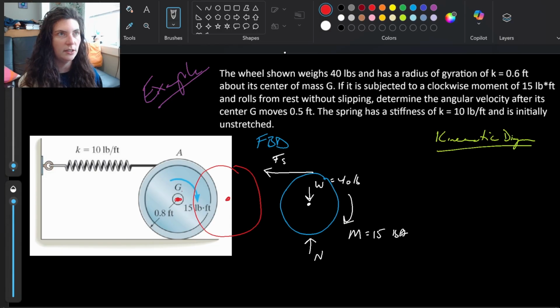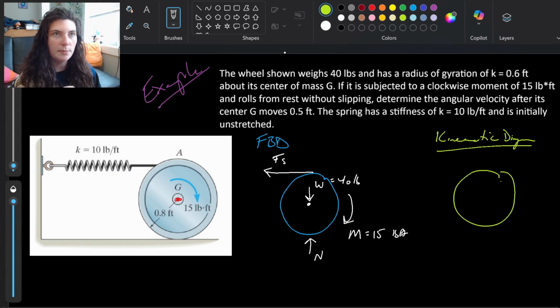Center G is now here. We have moved 0.5 feet. So this is what we're trying to figure out. What is the angular velocity when we're in that position? Move that so I can keep this a little less messy. Got my wheel.